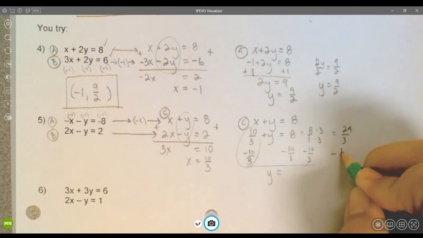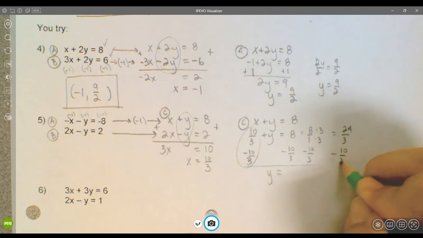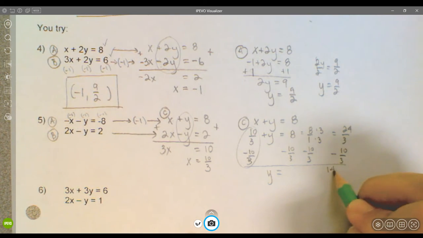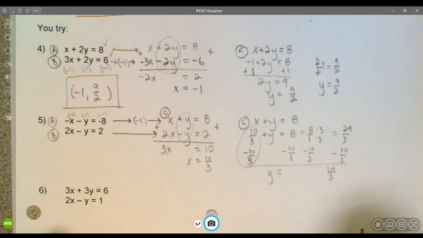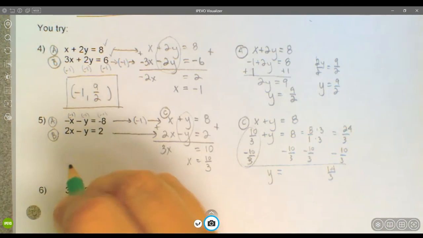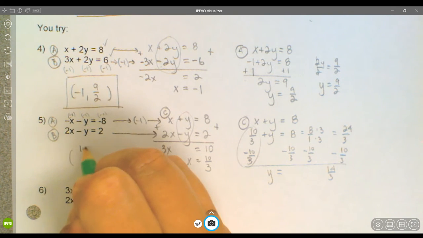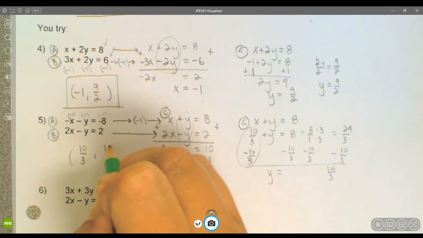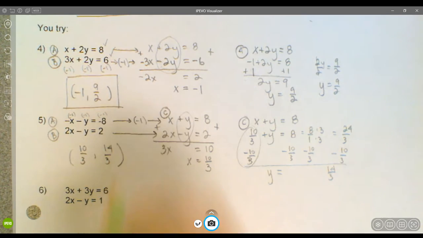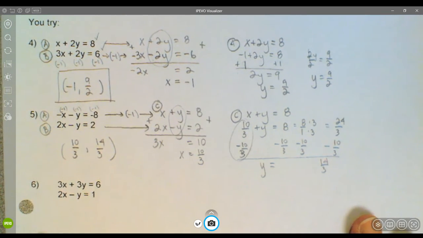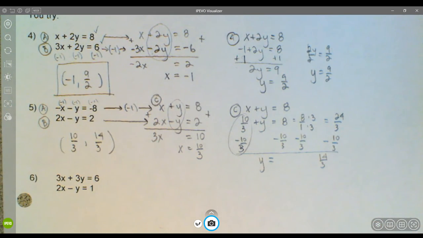So I really have 24/3 minus 10/3, which is 14/3. Woo! So I think my answer is 10/3, comma, 14/3. I think that's what it's going to be.